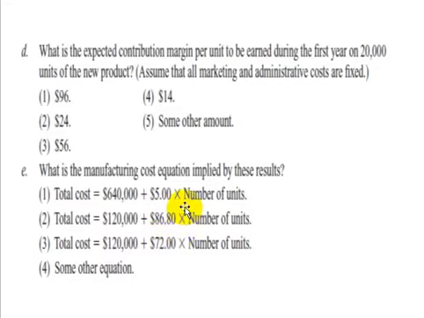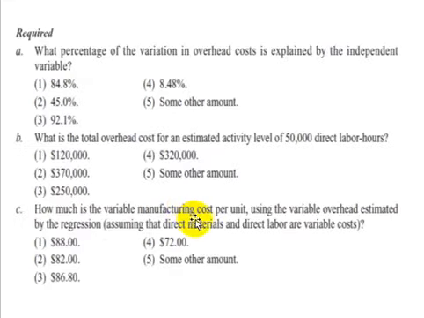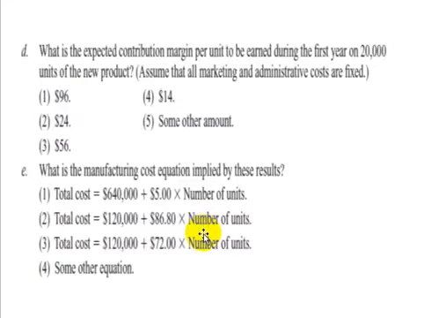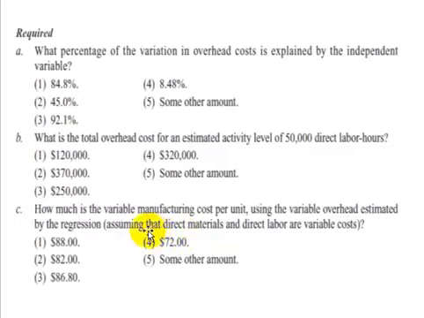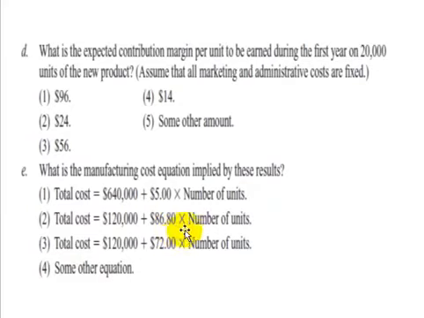We calculate the variable cost per unit: 82 per unit from number C. So number 2 is wrong, number 3 is wrong.